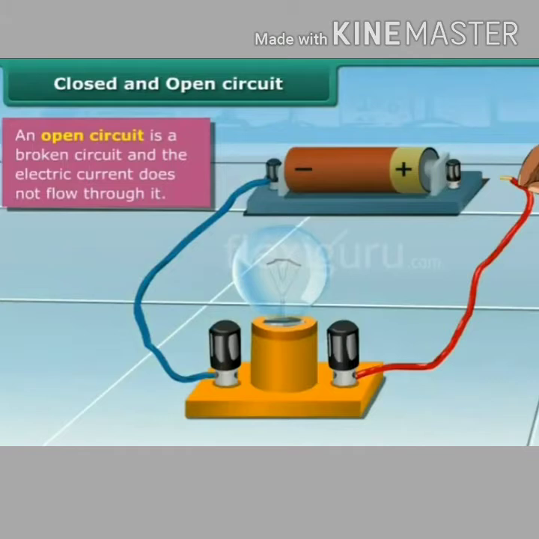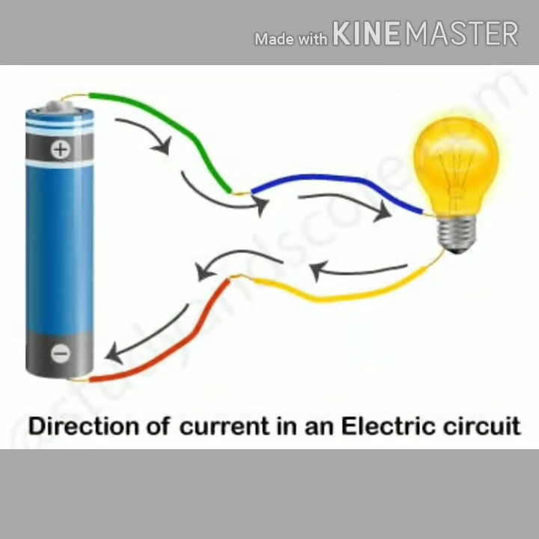While when the circuit is incomplete, electric current does not flow through the circuit. As a result, the bulb does not glow. Such type of circuit is called an open circuit. The direction of electric current in an electric circuit is from the positive terminal to the negative terminal.